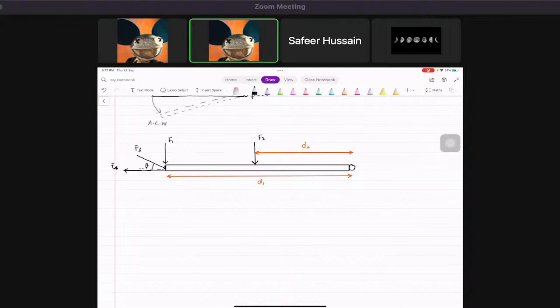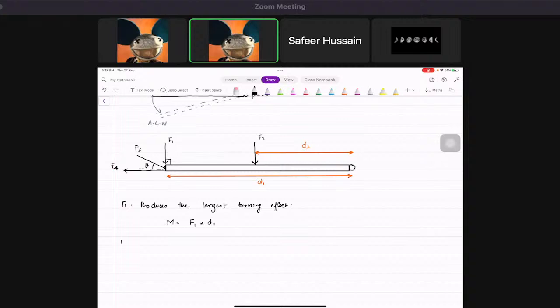Now in this one, F1 produces the largest turning effect. The reason is that the moment depends on the force that you're applying and the distance at which you're applying it. So the distance is the largest and the force is largest, and they're also perpendicular, 90 degrees, which means that it would produce the largest effect.